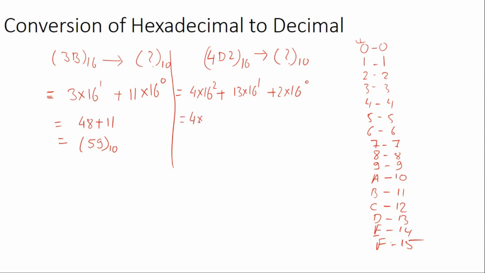So 4 into 16 into 16 is 1024 plus 13 into 16 is 208 plus 16 to the power 0 means 1 into 2 is 2. So in the decimal number system we are getting 1234 base 10.